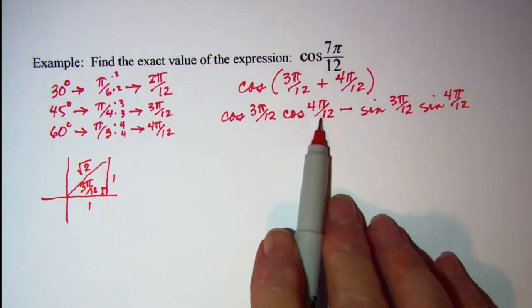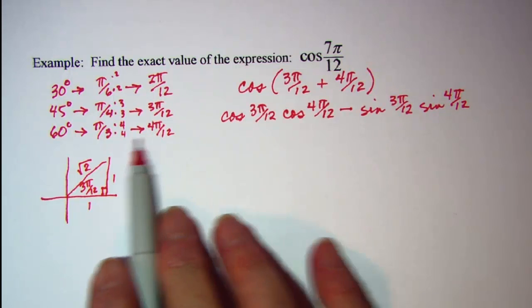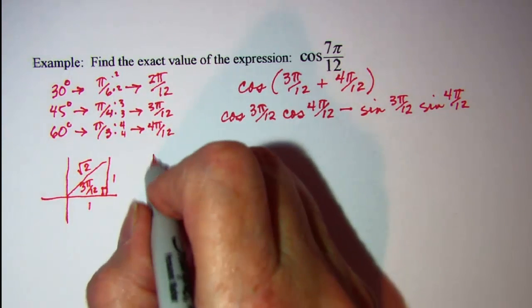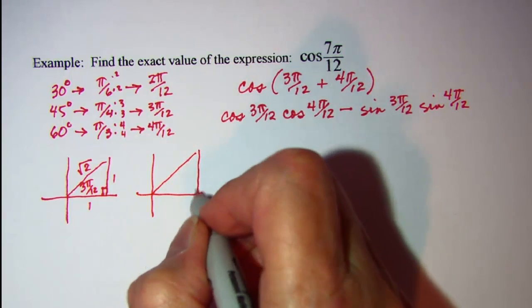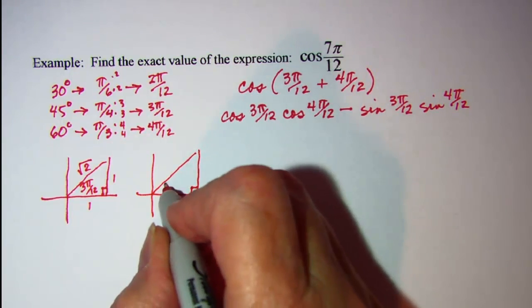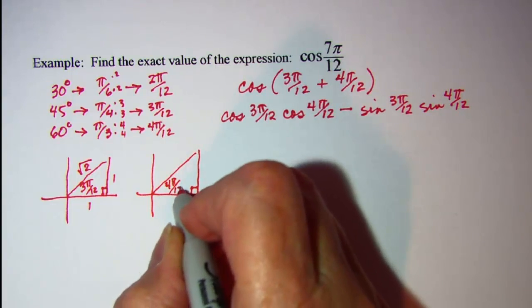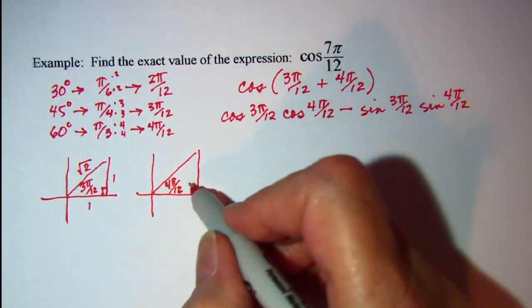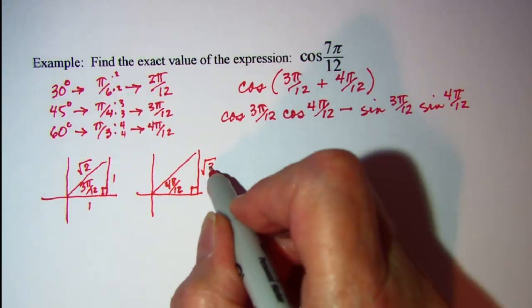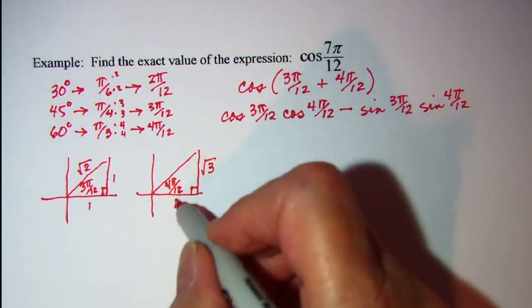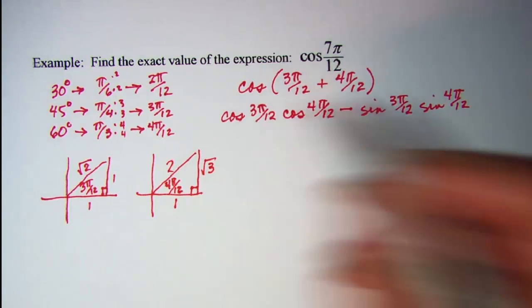And then 4 pi over 12 we said was 60 degrees. So I'll use this reference triangle. This is 60 degrees, which is 4 pi over 12. Across from the 60 degrees is a root 3, and then a 1 across from the 30, and then 2 on the hypotenuse.